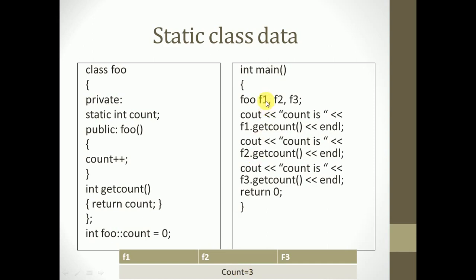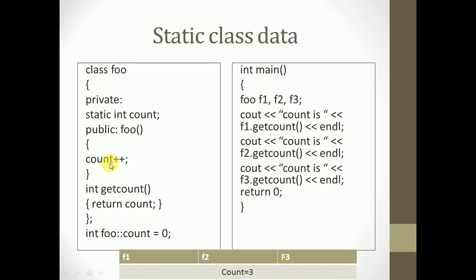Now F1. When the object is created, the constructor is called automatically, the count value is 0. Now it is incremented to 1. So globally this count value will be incremented to 1. Now again F2. Once the object is created, the constructor is called automatically and it comes over here.